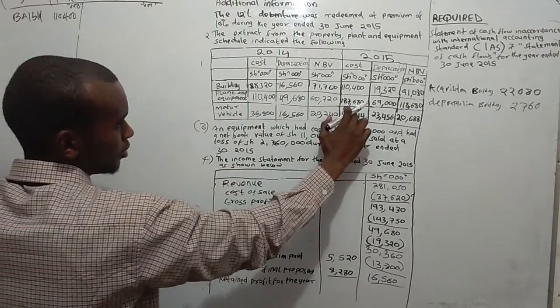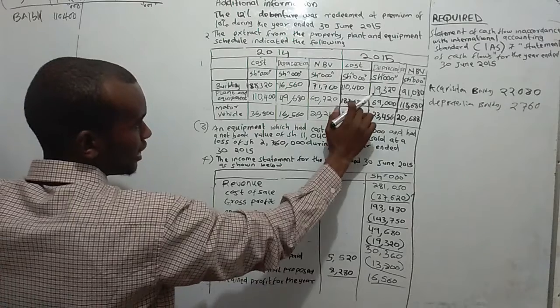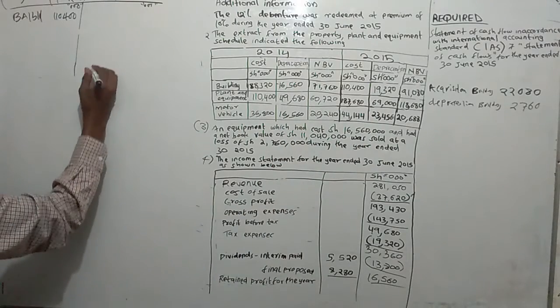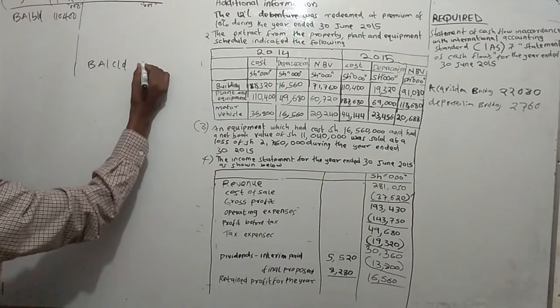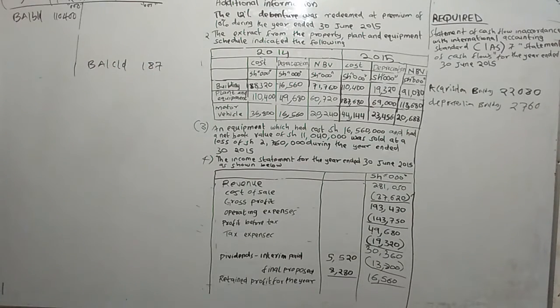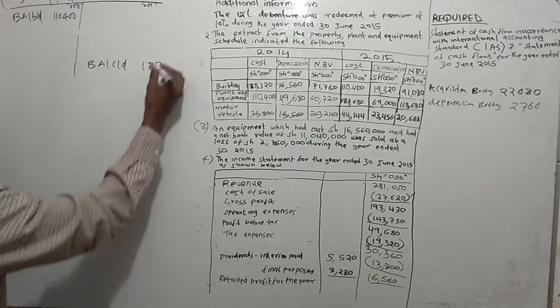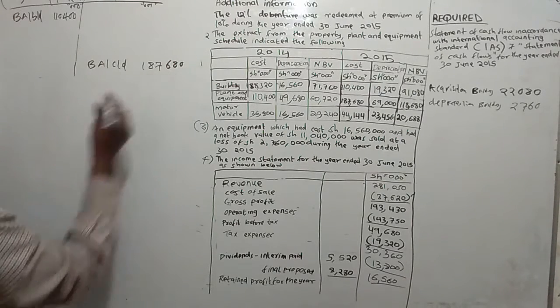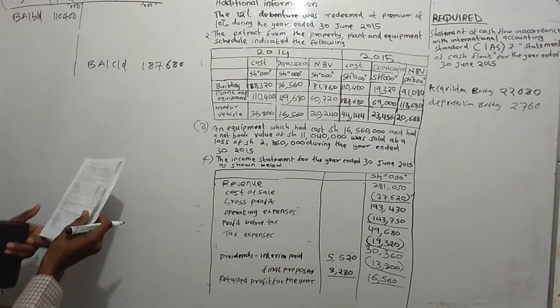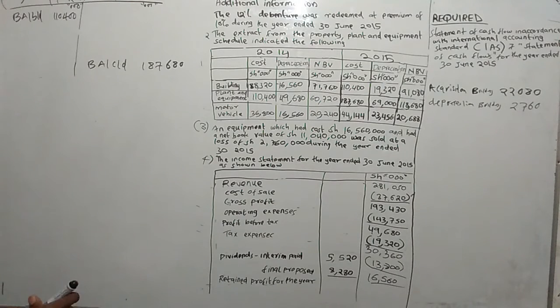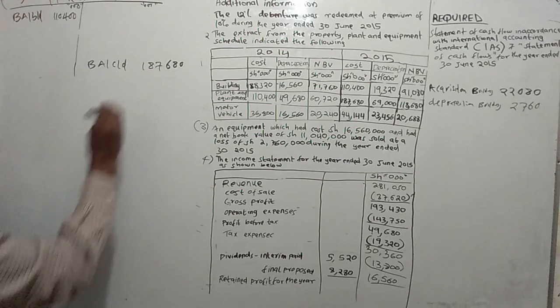Our balance carried down for 2015 is 187,680. Yes, so that is the plant and equipment account.